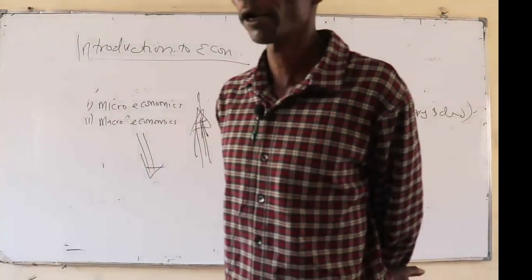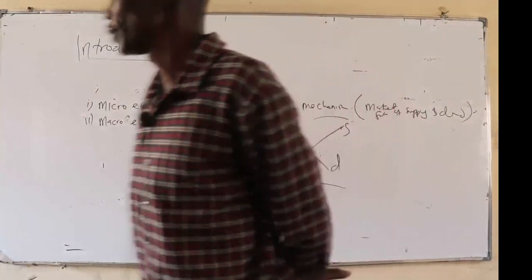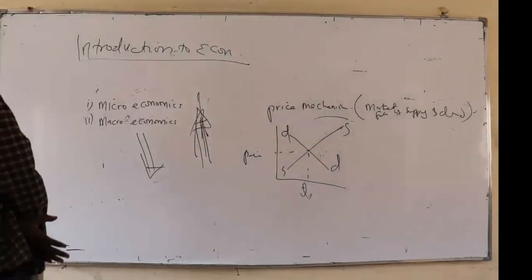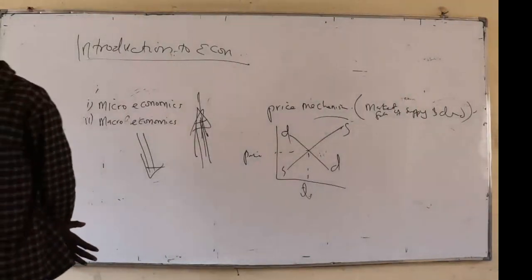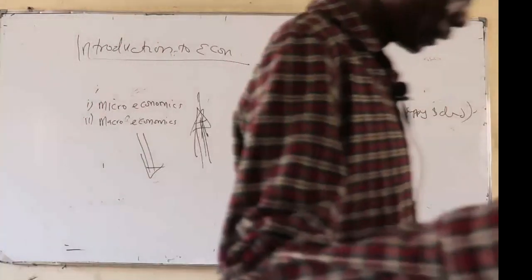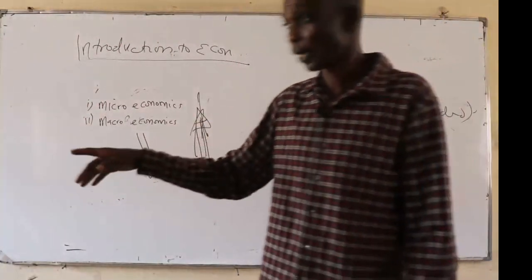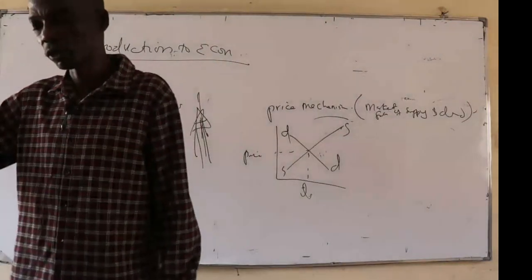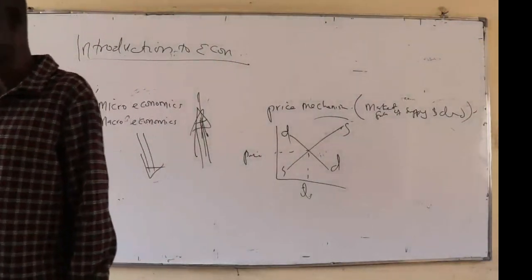Now, when you talk about government intervention, usually the government intervenes in the economic system in so many ways, for example through price controls. So when you say there's lack of government intervention, it means there are no price controls in that economic system. There are no taxes, because the government may also intervene through taxes.